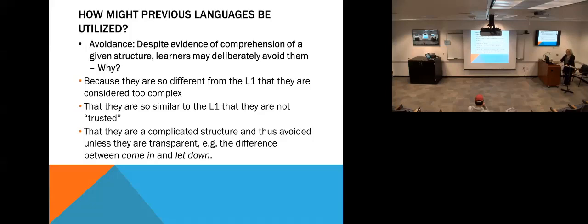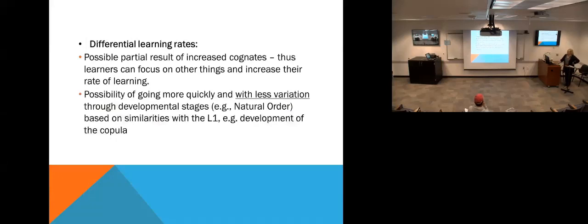First one is avoidance of structures. Second one is differential learning rates based on similarity between L1 and L2, or based on this possibility of a natural order hypothesis, where if you go in the right direction in the right scheme, then you'll get it better.